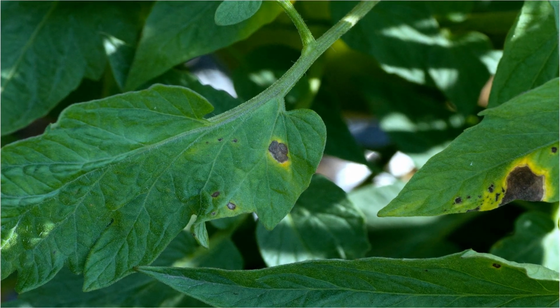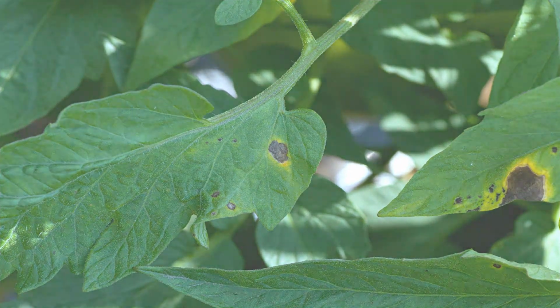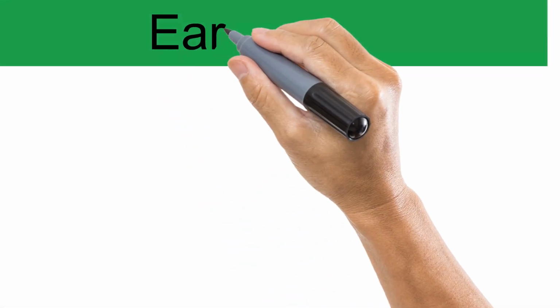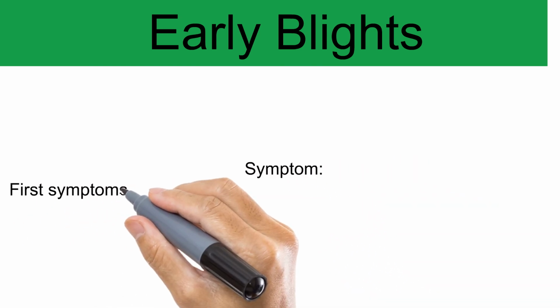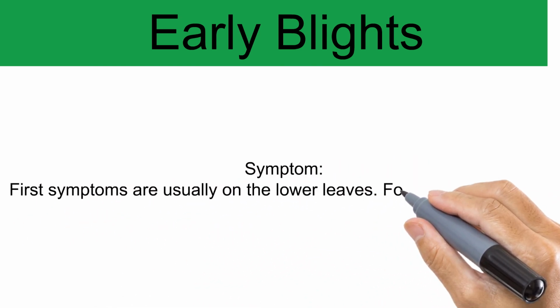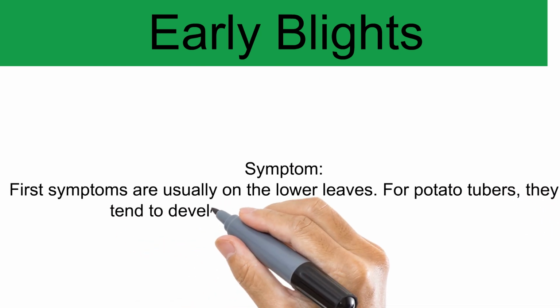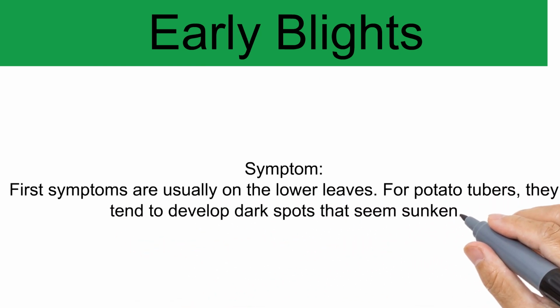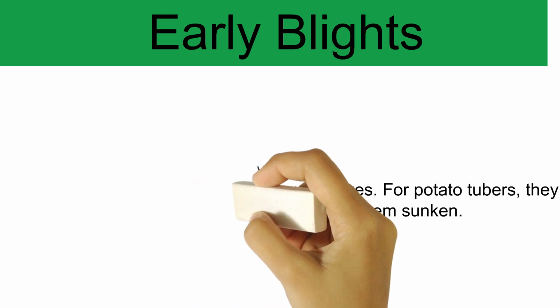This causes it to spread rapidly. First symptoms are usually on the lower leaves. For potato tubers, they tend to develop dark spots that seem sunken.